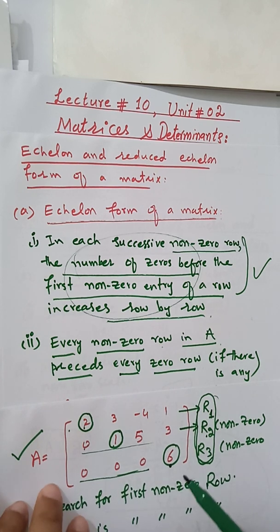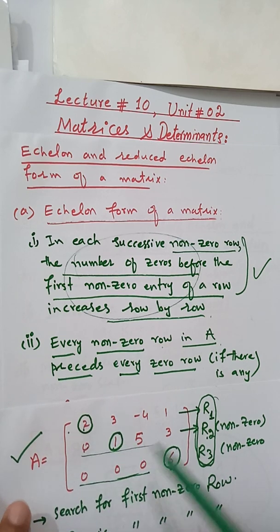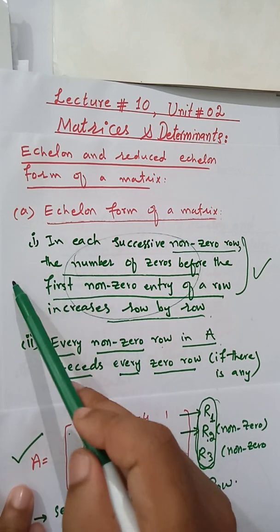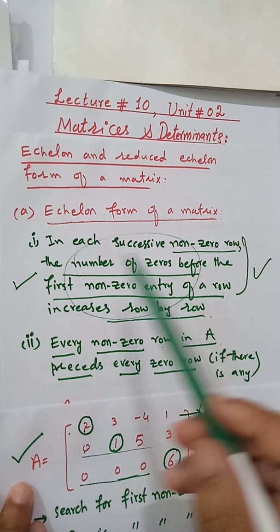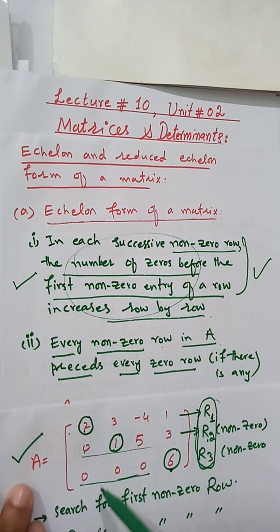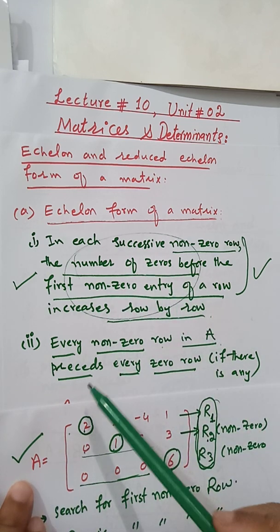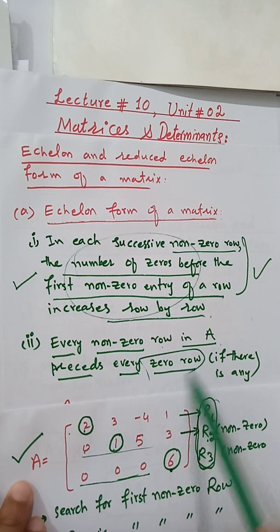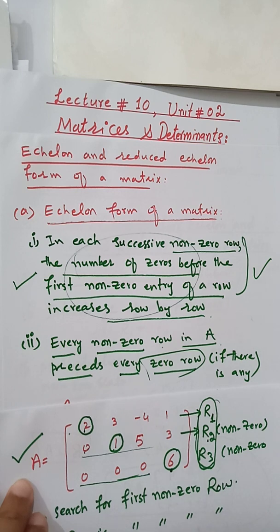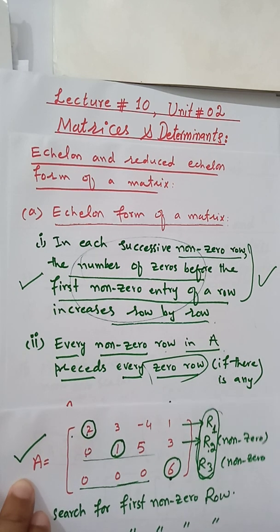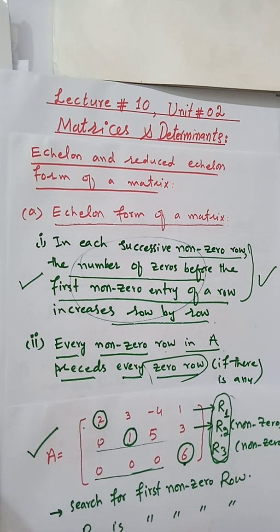But there is no zero row here, so for such matrices you will just check point number 1, and point number 1 is true for matrix A. For point number 2 there is no zero row, so we don't need to check it. So this implies that the matrix A is in the echelon form.